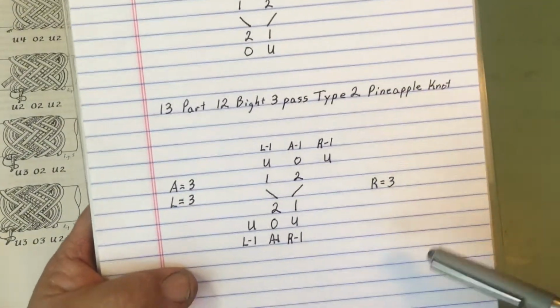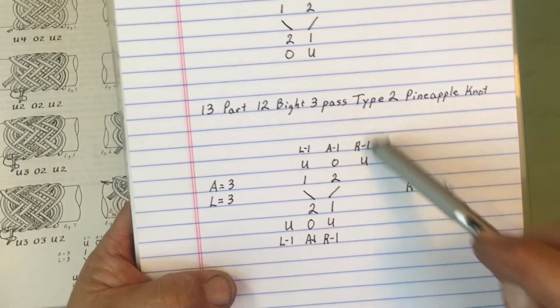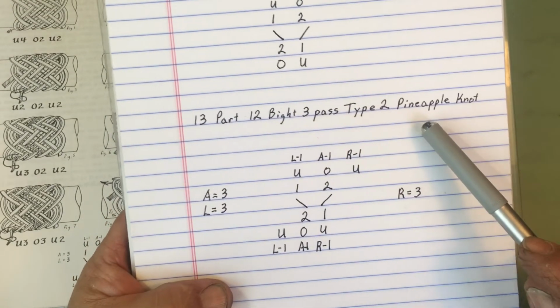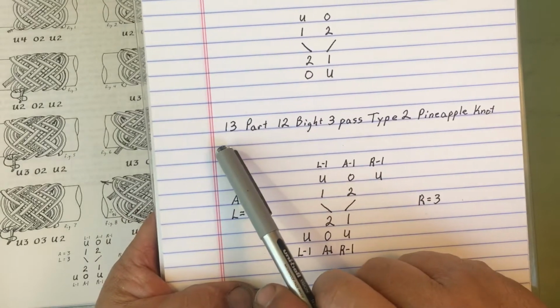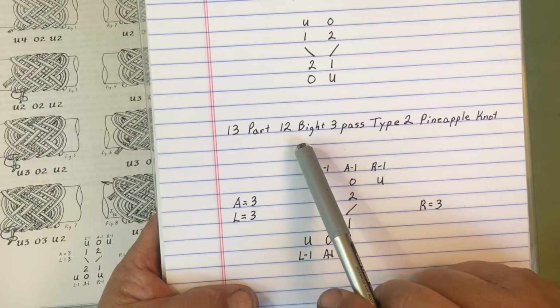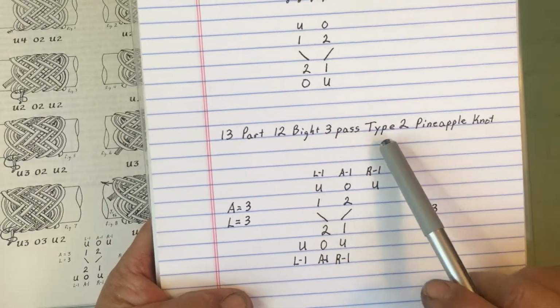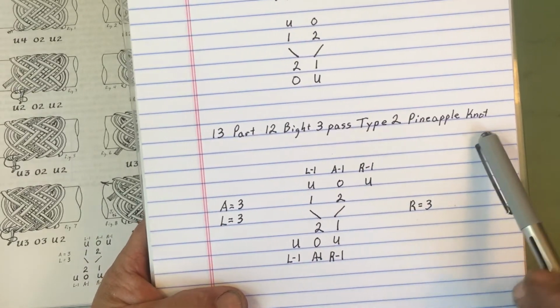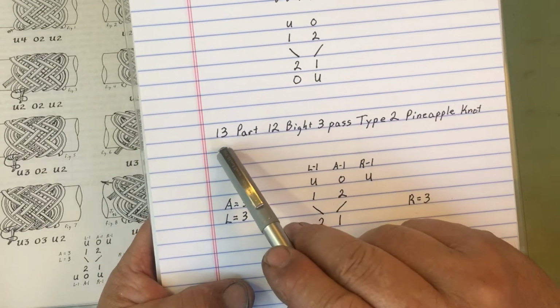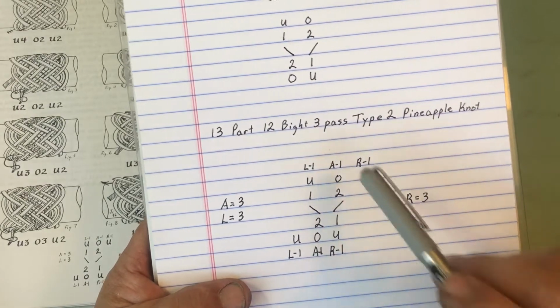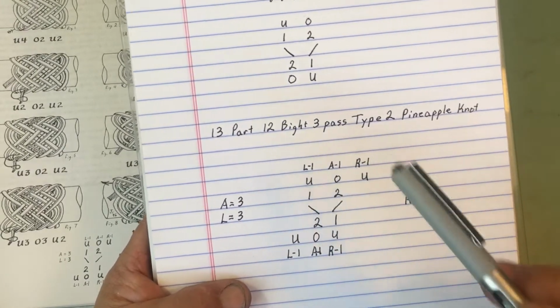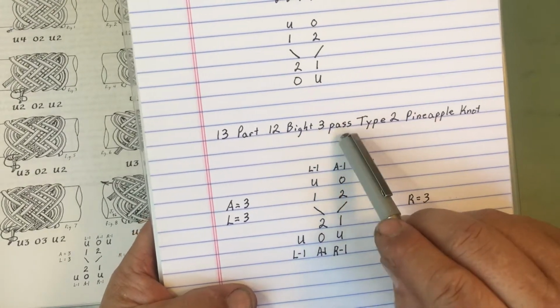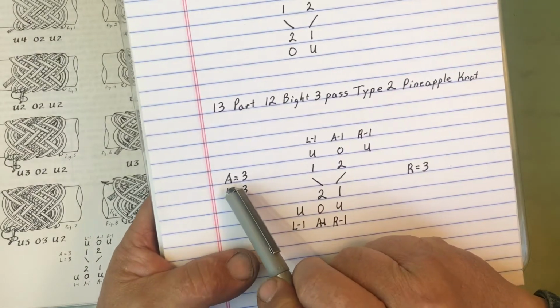Here is the algorithm setup for a pineapple knot. And we're doing a 13-part, 12-bight, 3-pass, type 2 pineapple knot. And really, the number of parts and bights here doesn't matter. What we need to know is the number of passes, which gives us our A value.